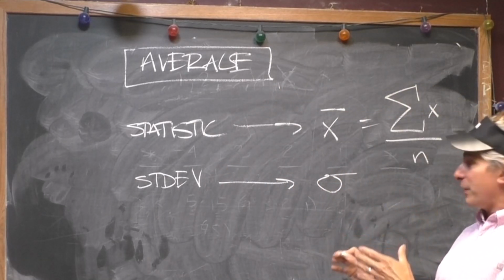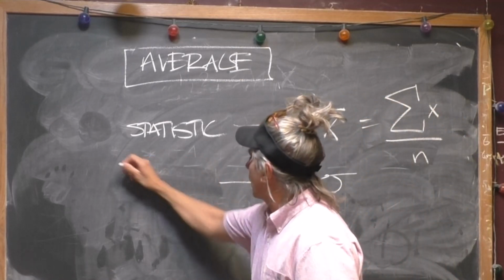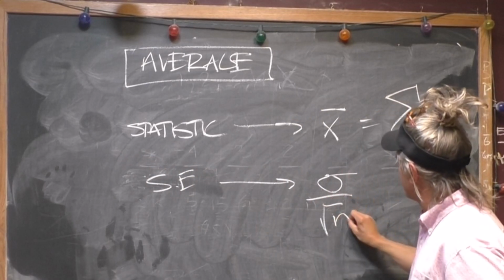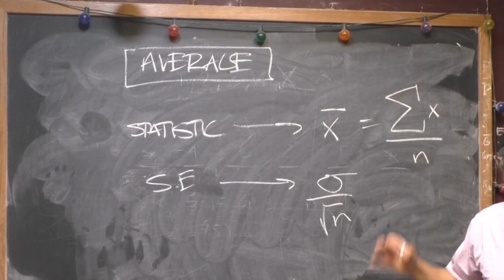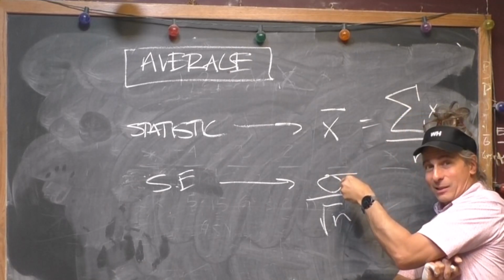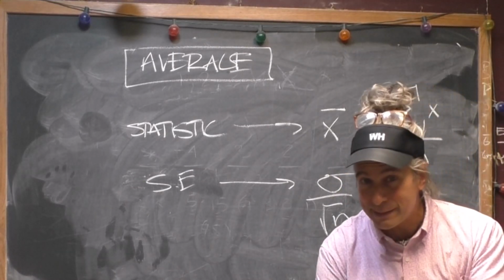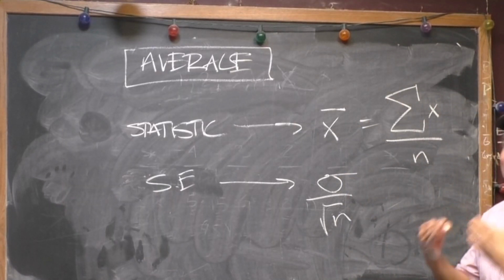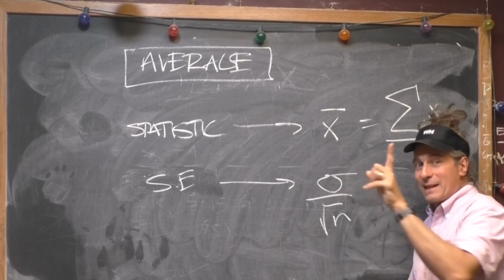And by the central limit theorem, the standard error is that divided by the square root of the sample size. Well, the problem with that is we don't know what that is, because in order to know what that is, we'd have to also know what mu is, and we don't know that either. But there is a measure that we can substitute in for the population standard deviation.